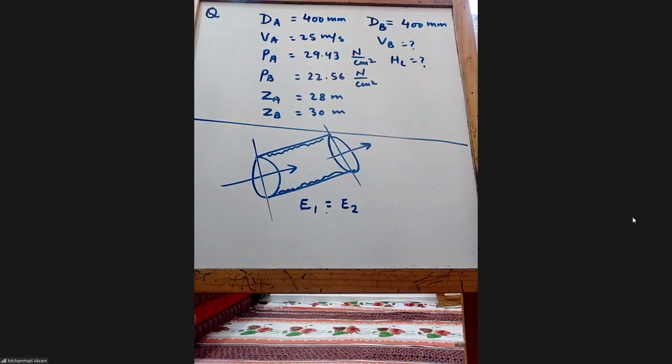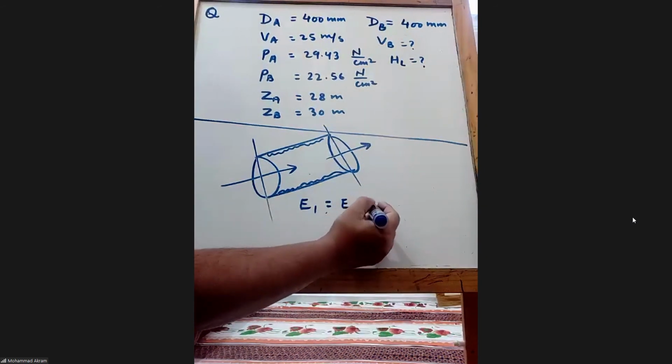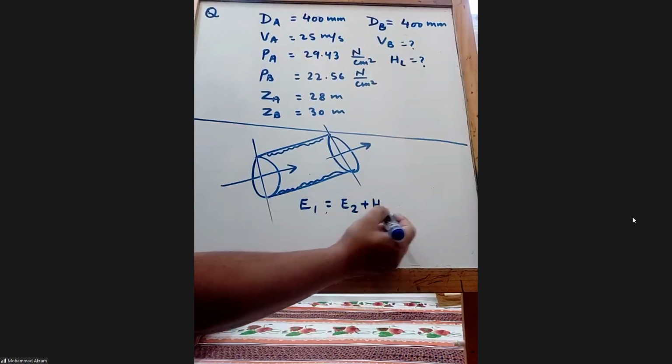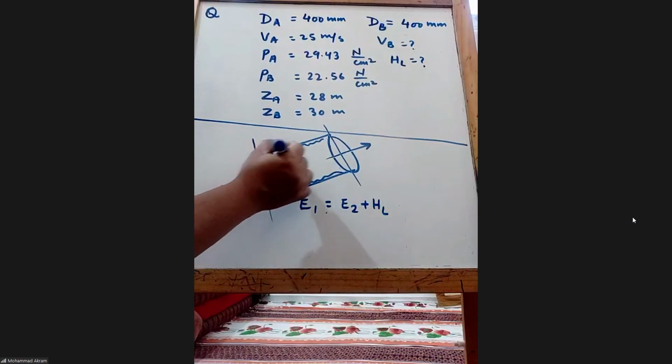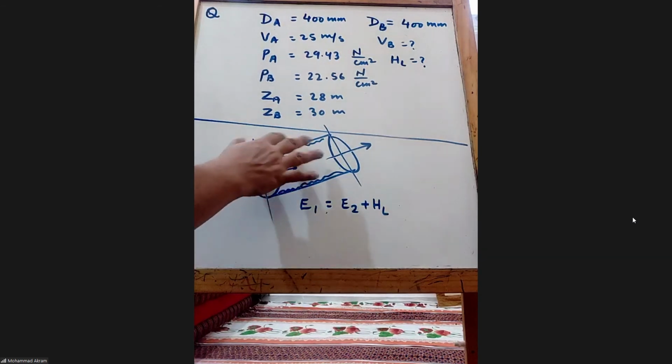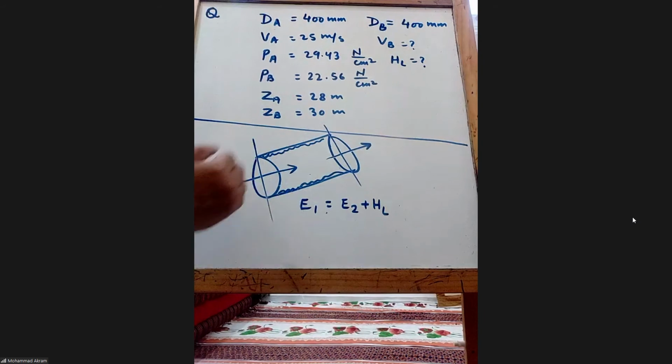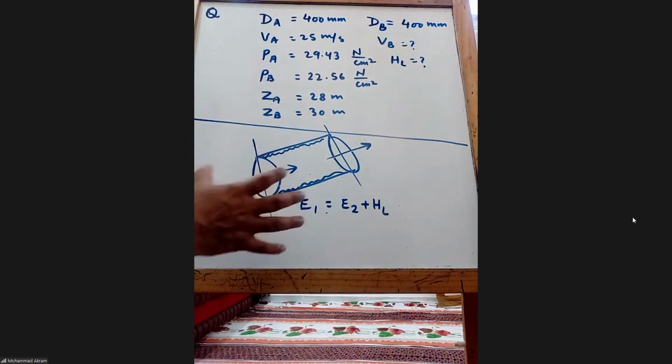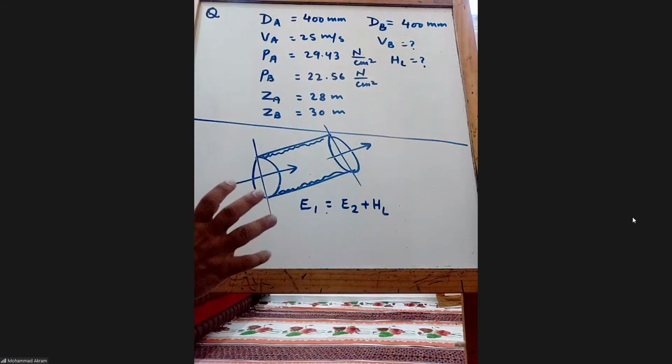But then some energy gets absorbed during the flow. So this energy absorption is the form of energy lost in this pipe. We will study that in a separate chapter called flow through pipes.